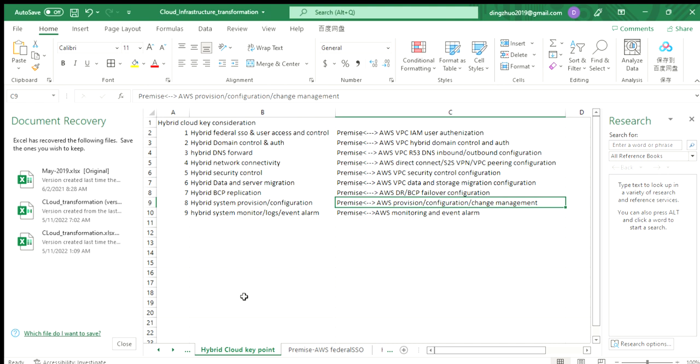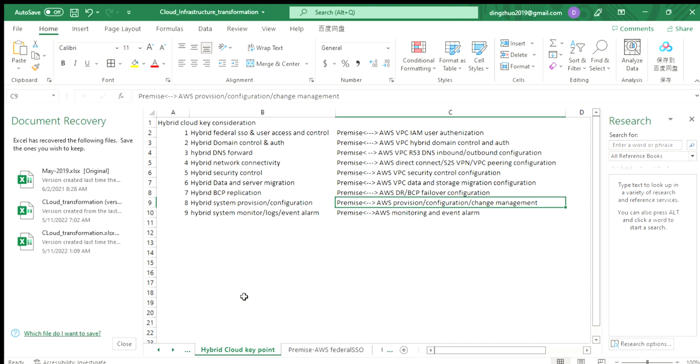All those things need to be built on top of network connectivity. There are different ways to connect the premises to the Amazon cloud, depending on the business requirements in terms of performance, latency, jitter, and security.